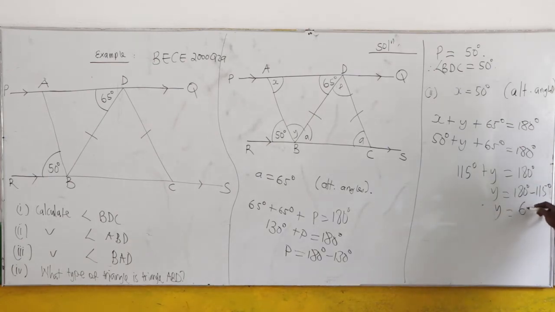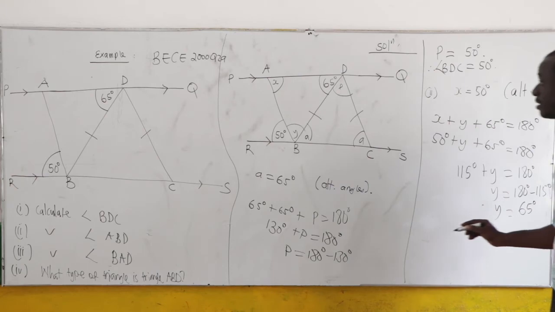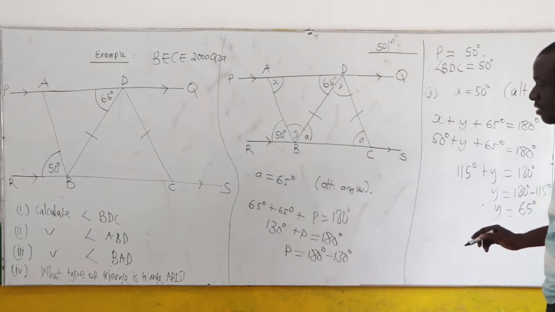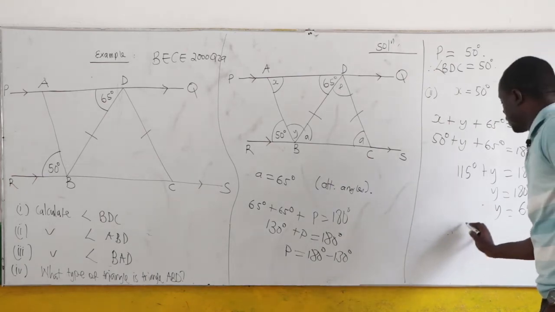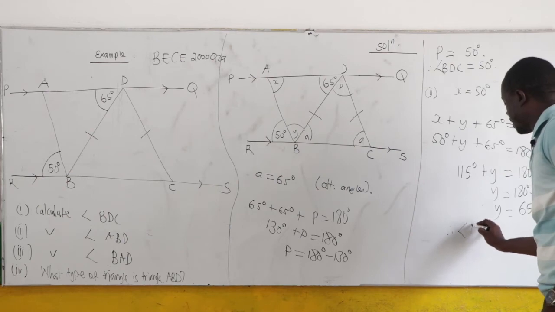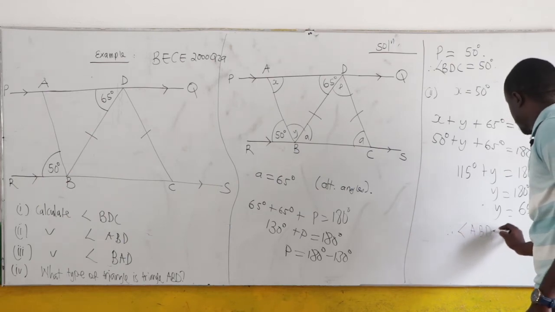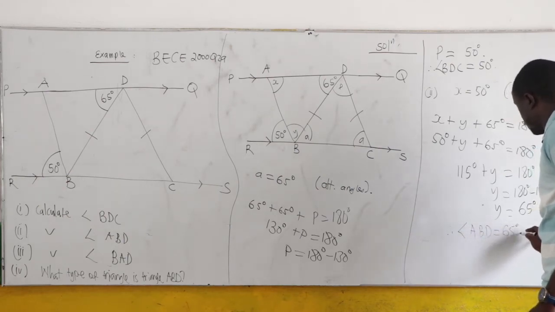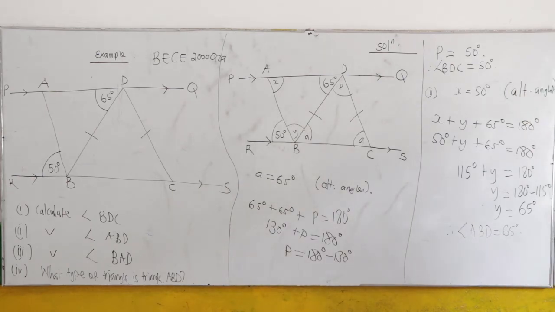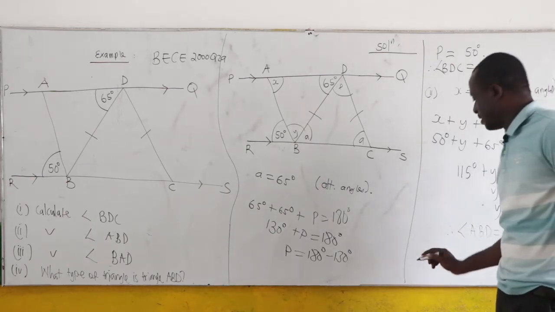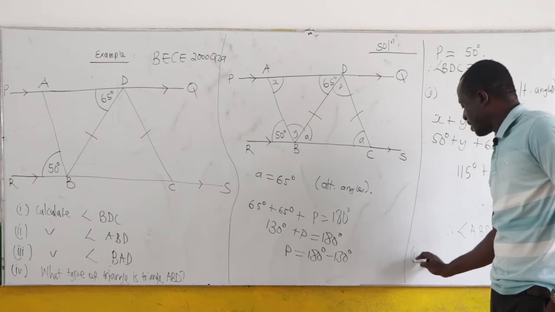That is 65 degrees. Hence, what do we want? We want to find ABD. Therefore angle ABD equal to 65 degrees.